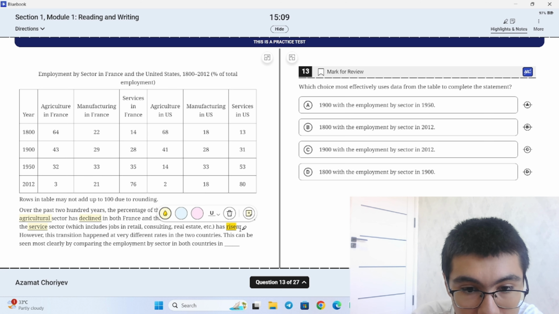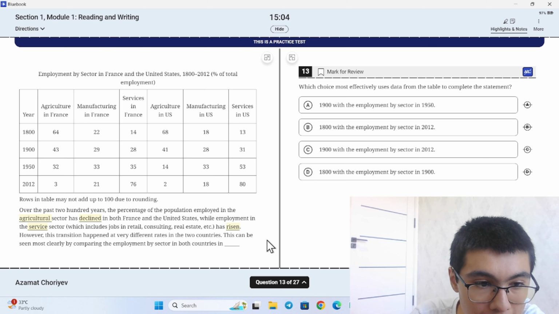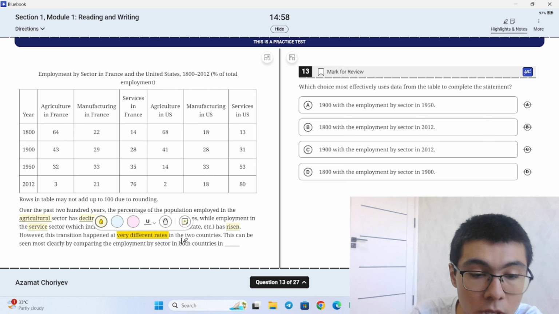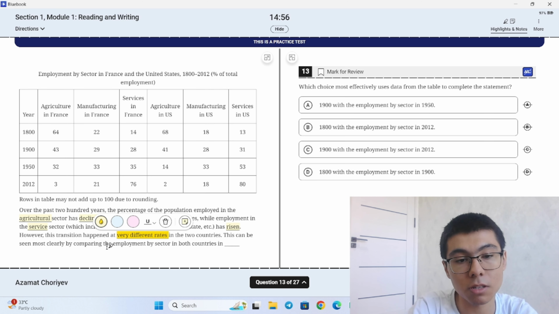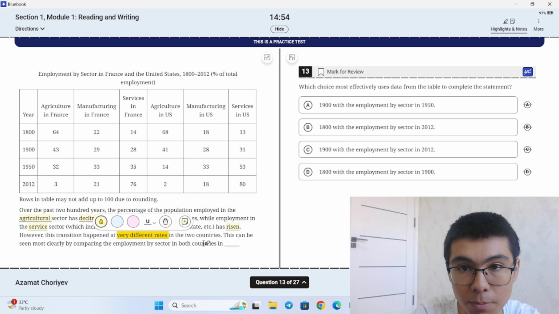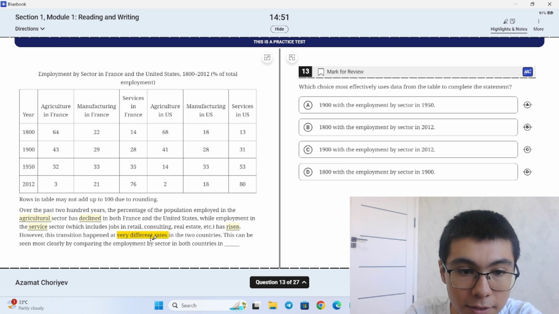So that's important. I highlighted all those important parts. However, this transition happened at very different rates in those two countries. So this can be most clearly shown by comparing the employment sectors of both. We are looking for very different rates.